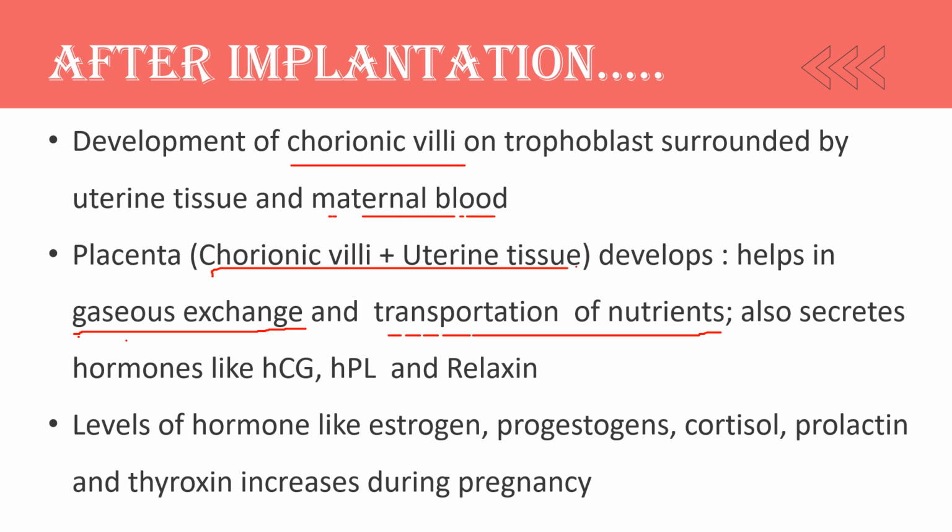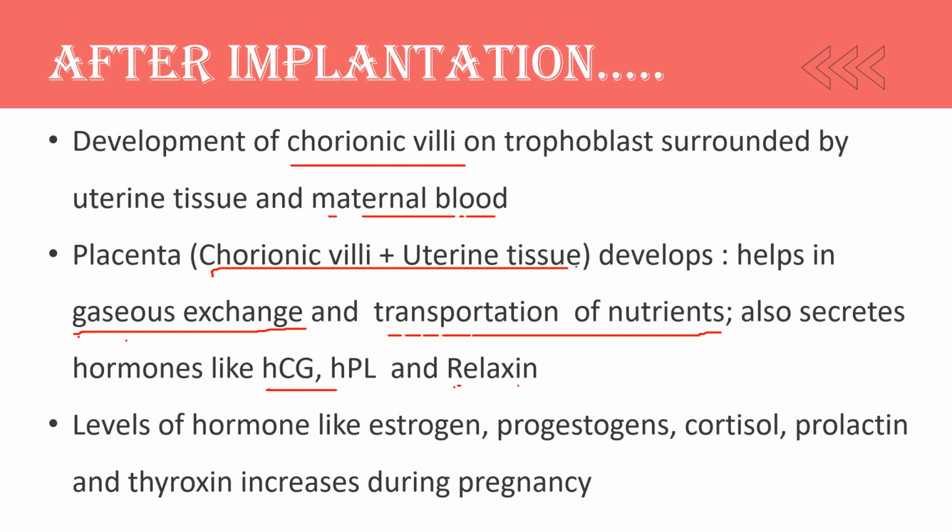Not only this, it also secretes hormones like human chorionic gonadotropin, HCG, this hormone you might have heard about. The pregnancy kits also use this particular hormone as a detection test of pregnancy. So placenta is also involved in secretion of HPL, that is human placental lactogen, and relaxin.